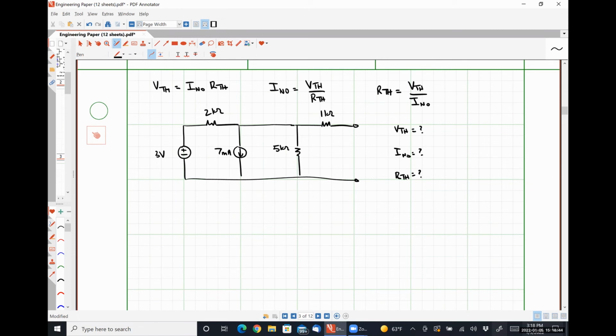And we are going to find these quantities with respect to that open circuit terminal pair on the right-hand side.